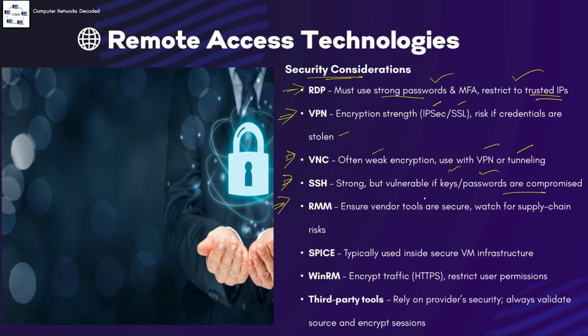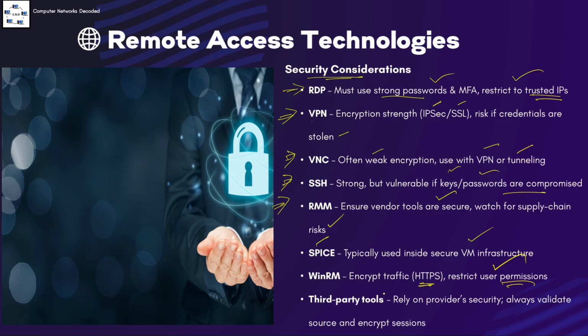For RMM, it should be ensured that the vendor's tools are secure, and the customer should also watch for supply chain risk so that the software is not compromised at any point during the supply chain. SPICE is typically used inside secure virtual machine infrastructure, and WinRM encrypts traffic through HTTPS, and user access should be restricted through permissions.